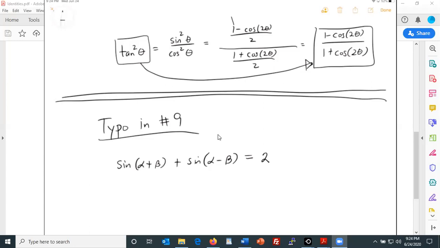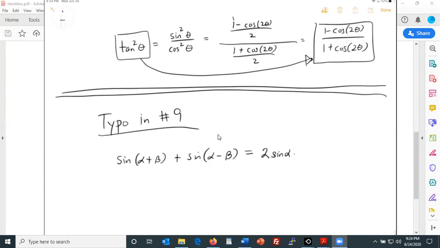It's sine alpha cosine beta. All right, the typo was this term here. It was originally sine beta. Make sure you have cosine beta. Okay.